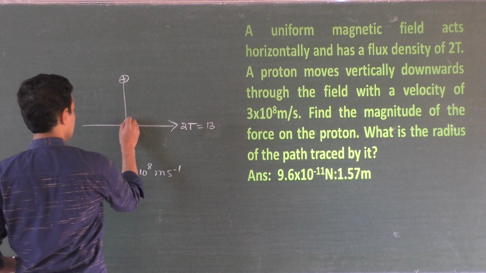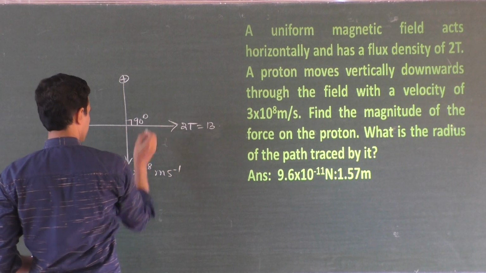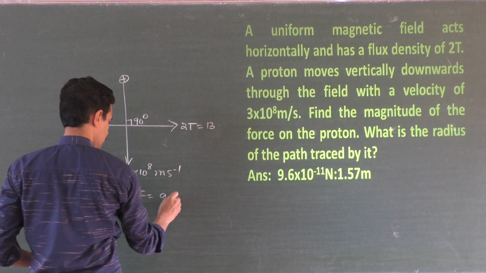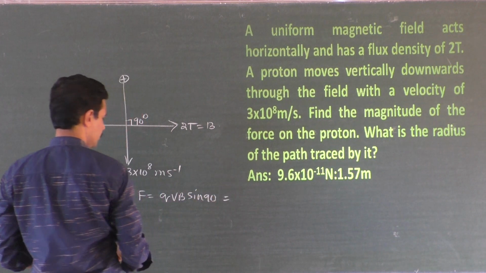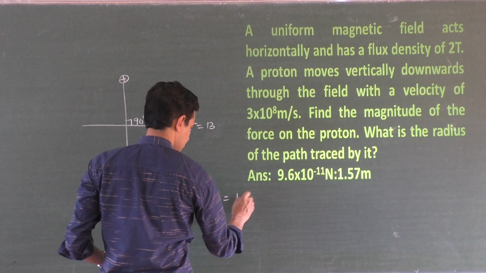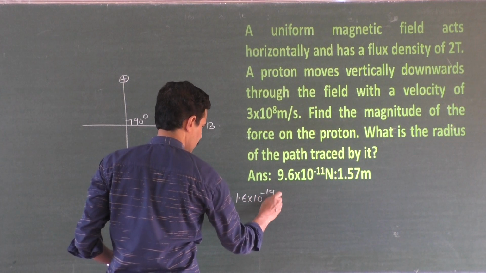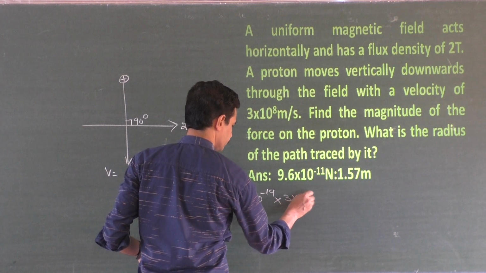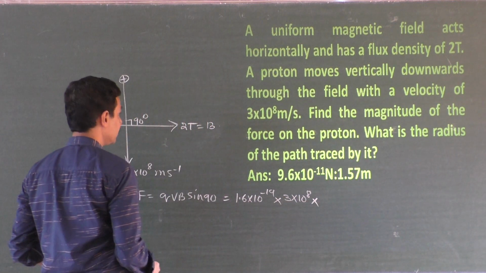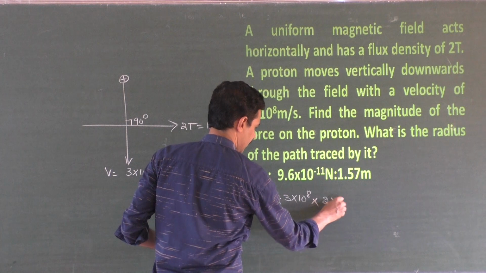Yeah, this is 90 degrees. So F is equal to QVB sin theta. So Q is a proton, 1.6 into 10 to the power minus 19 coulombs, and velocity is 3 into 10 to the power 8 meters per second. Magnetic field strength is 2 Tesla, sin 90 is 1.